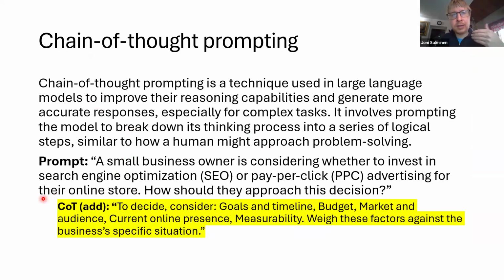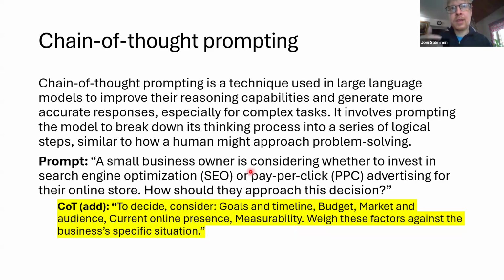Then another is chain of thought prompting. It's a little bit similar to what I said about providing more context. Say a business owner wants to figure out if they should invest in SEO or PPC, and how they should approach this situation.